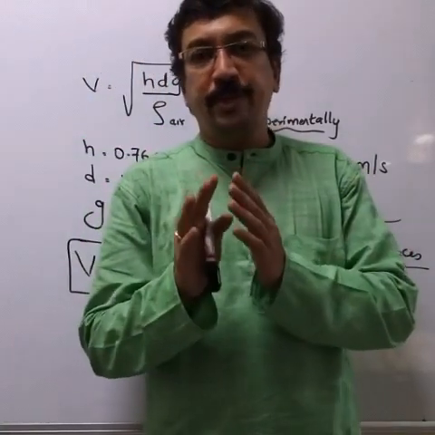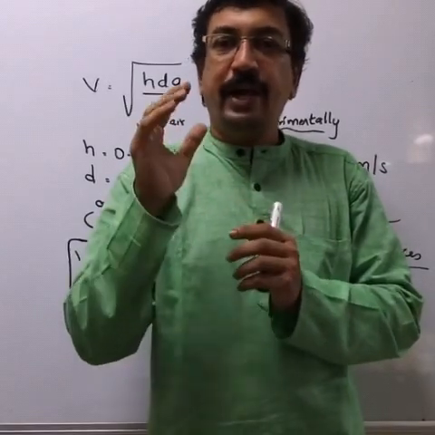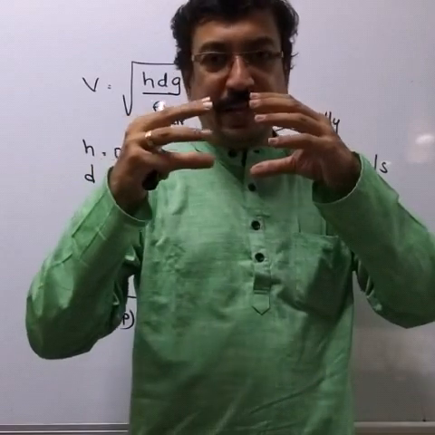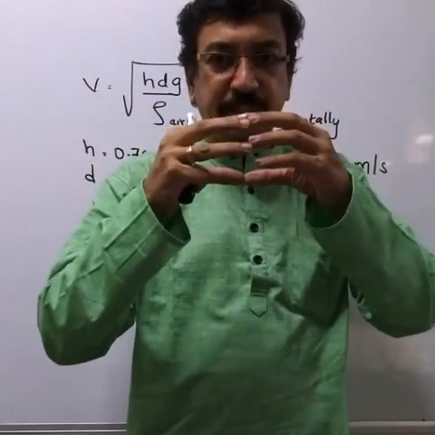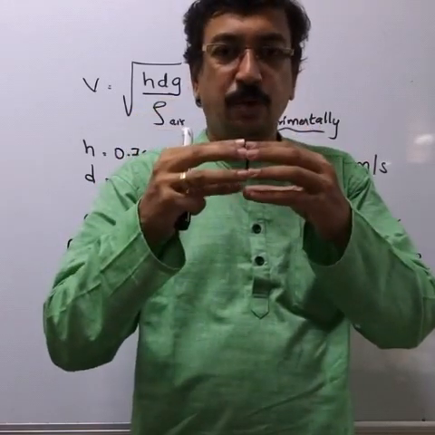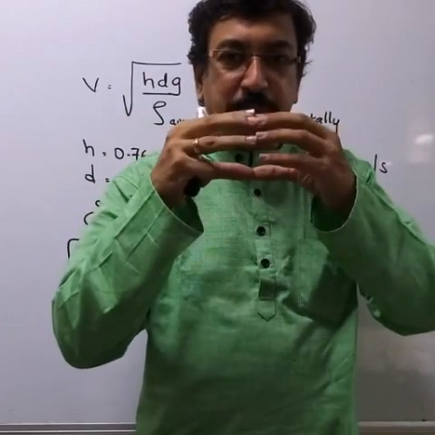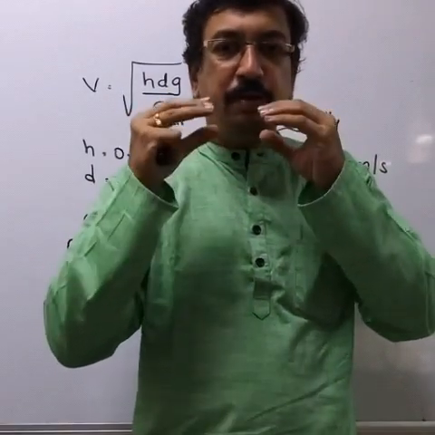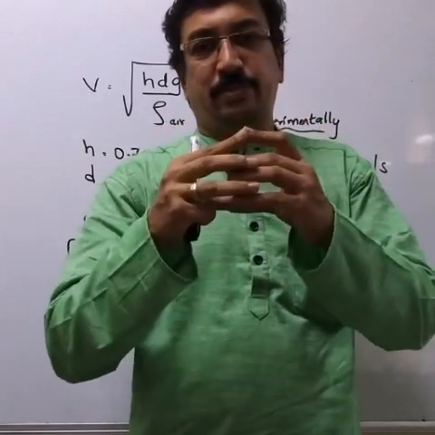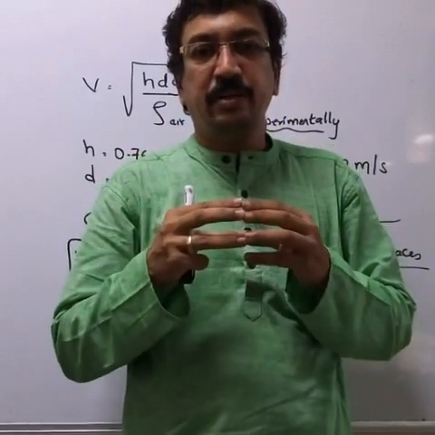There is a difference between isothermal and adiabatic. Adiabatic means, if the total heat energy of a system doesn't change, or it is not exchanging any heat with the surrounding, then that system which does not exchange heat with the surrounding is said to be in an adiabatic state.